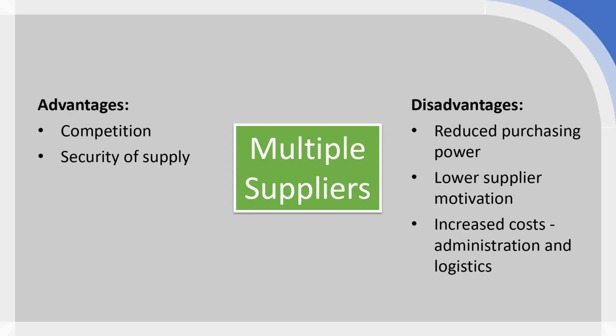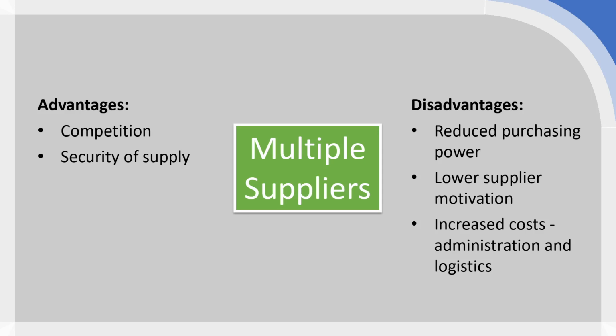As well as this, you do have additional coordination and administration costs when it comes to multiple suppliers. Those suppliers have to be coordinated. Logistics becomes more complex because we have multiple suppliers bringing inputs into the organization. Any shifting of supply between different suppliers in terms of the input, again, that imposes significant additional administration costs as well.